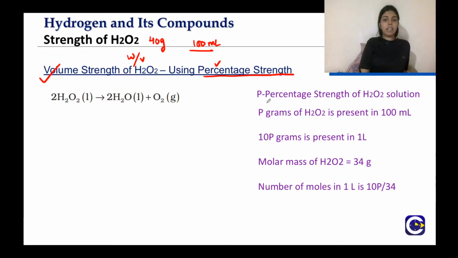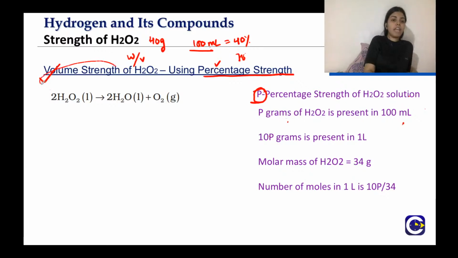So here let us say that P is the percentage of H2O2 solution, for example 40%, 30%, 20%, I am writing it as P%. If 40% was there, that means 40 gram was present in 100 ml. P percentage will mean that P grams of H2O2 is present in 100 ml.